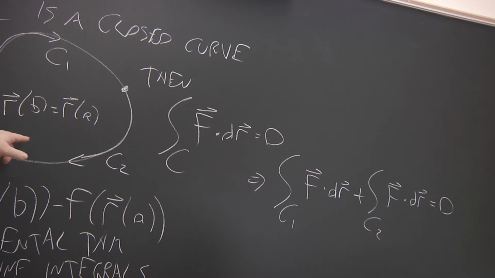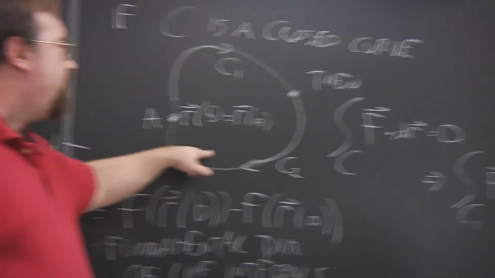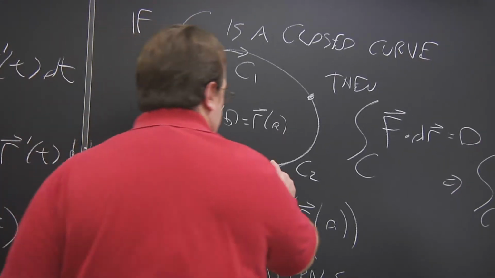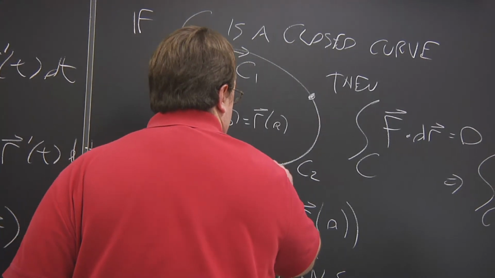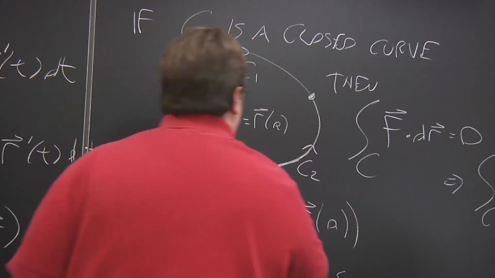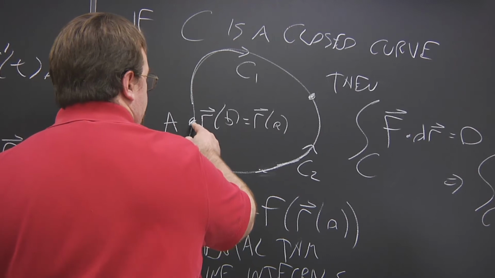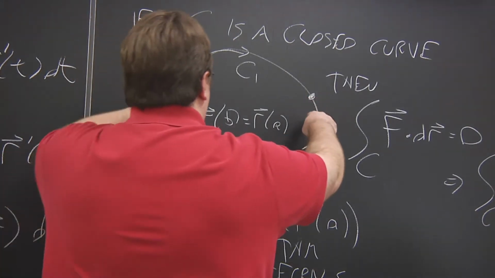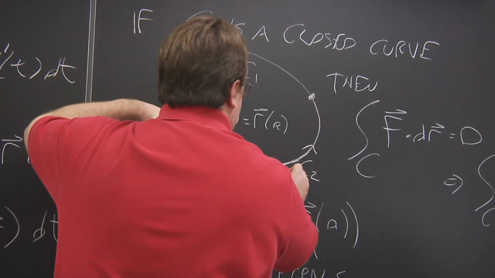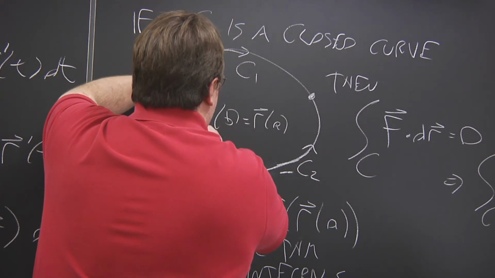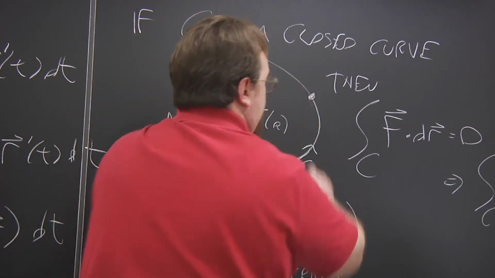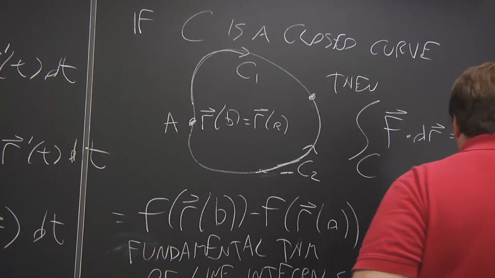Then let's take C2 and reverse its orientation, so I'm going to make this go the other way. As the parameter increases, now we're going from here to here. So both curves, C1 and minus C2, have the same initial point and same terminal point.